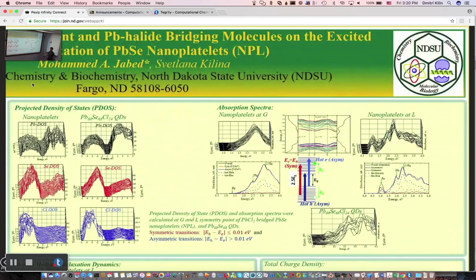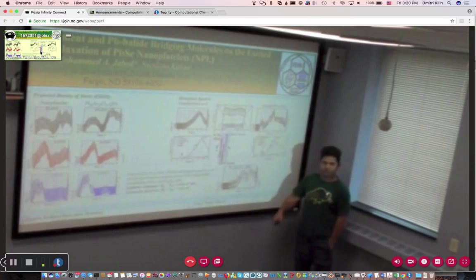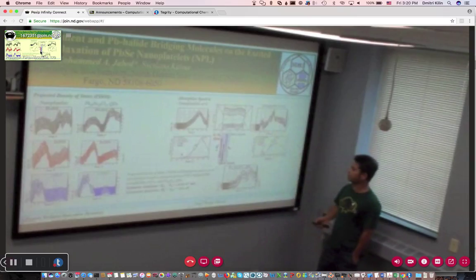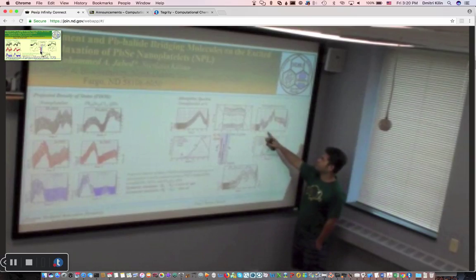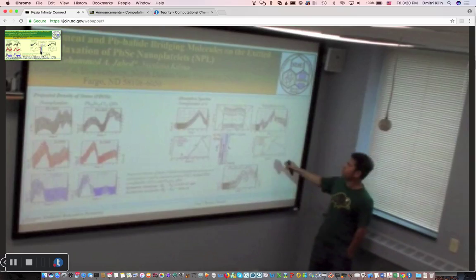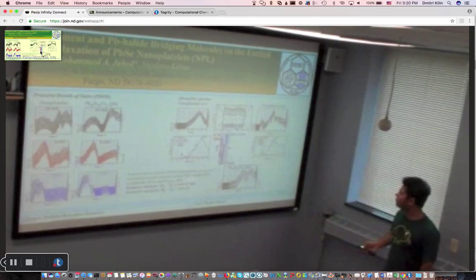Since the absorption spectra have a high intensity peak here around 2 electron volts, in all the remaining calculations, which I'll show you later, we put the initial condition to excite at around 2.5 electron volts. The absorption spectra also show that this is a high intensity, so this would be a favorable one.